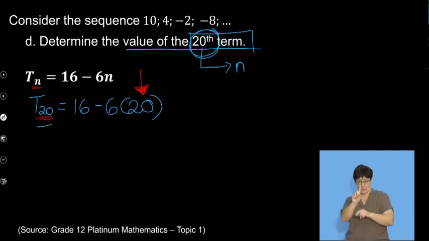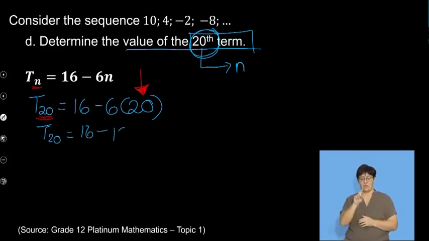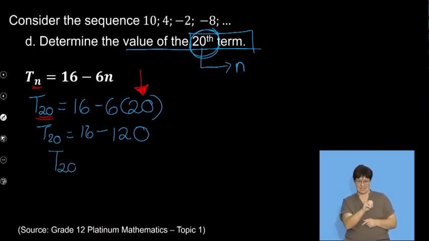So simplifying, term 20 will be equal to 16 minus 120. And if I simplify this further, I'm going to see that term 20 is equal to negative 104.